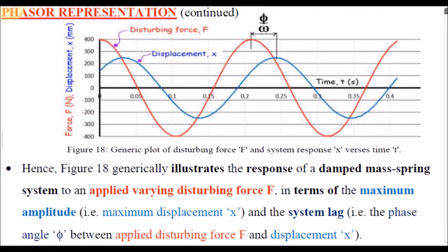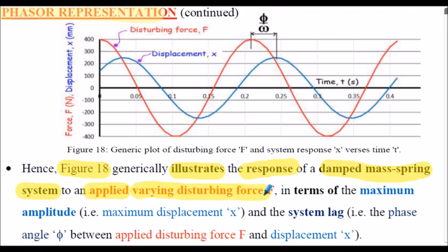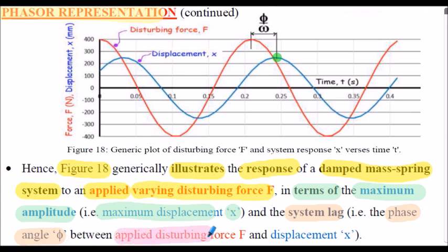So phasor representation continued. Figure 18 above generically illustrates the response of our damped mass spring system to an applied varying disturbing force F, both in terms of maximum amplitude, that's the maximum displacement x, shown here, and the system lag, the phase angle phi, between the applied disturbing force and the displacement x.